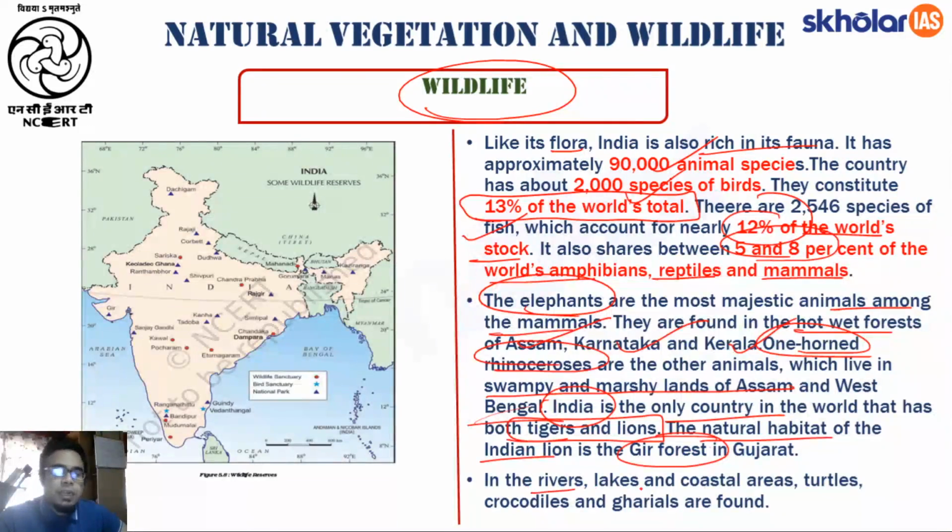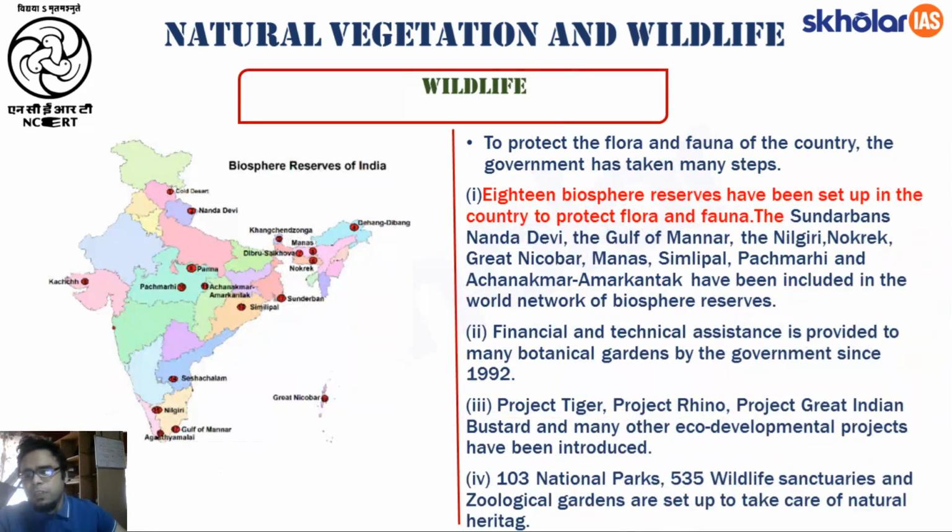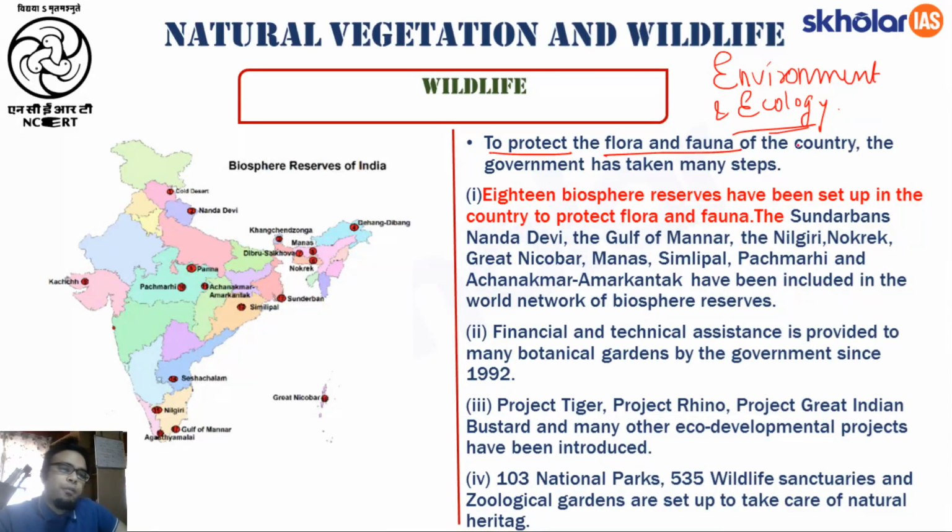Then in the rivers, lakes and coastal areas, we see the presence of turtles, crocodiles, gharials, etc. Now this is also a very important topic from the environment and ecology subject. Very important topic. Now when we move into the subject, we will talk in more detail about this, right? Now to protect the flora and fauna of this country, the government has taken many steps.